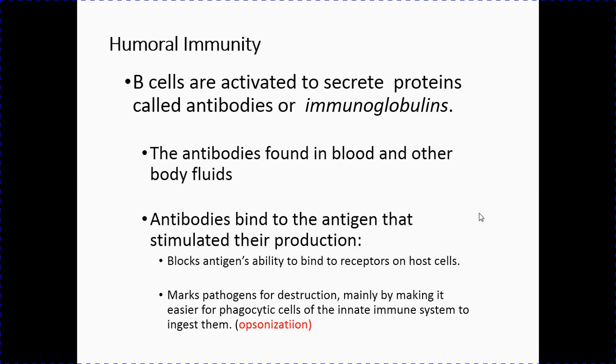And what happens is when they encounter their specific antigen, they bind to the antigen in order to block the pathogen from doing a number of things. So if you remember, I draw a picture of a cell like this with a circle, and then I put a little triangle to represent the antigen. Well, the antibody is a Y, and if we put it upside down, we put the little part of the Y like that, and then the little tail sticks up.